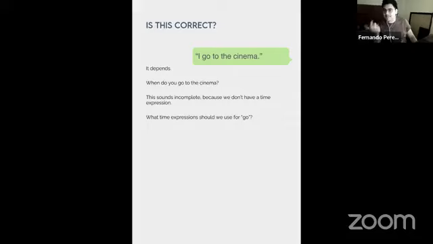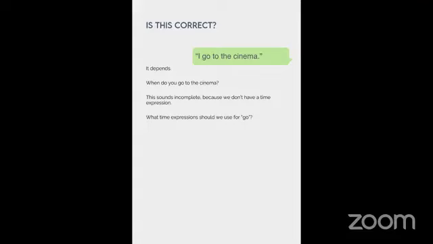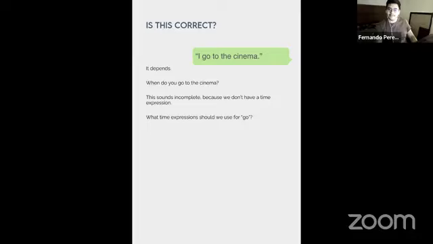Use a time expression, a purple information. When are you bored? Every weekend. You see? Every weekend automatically matches a verb in present.